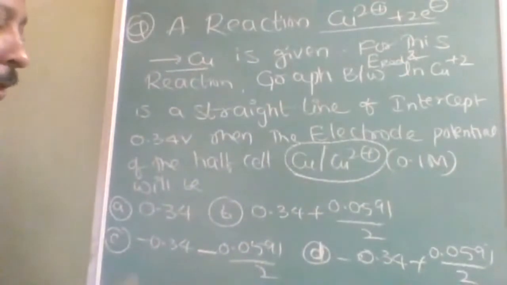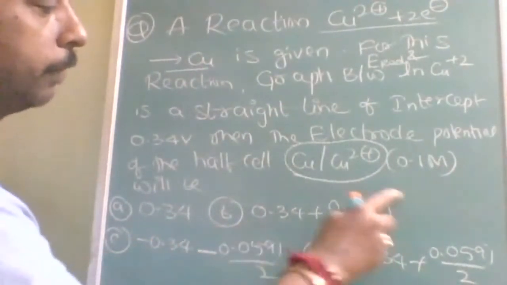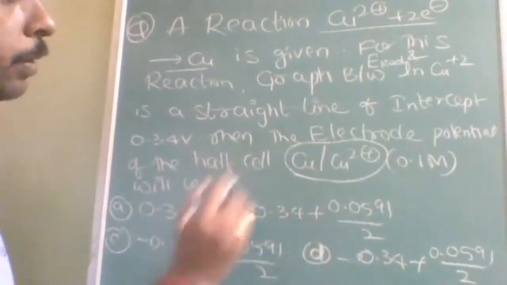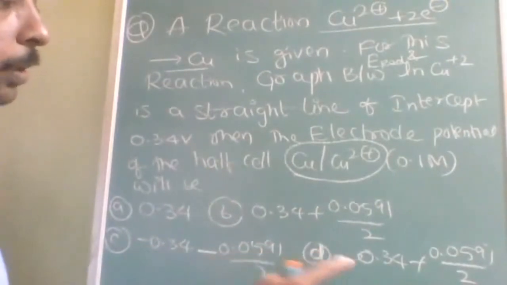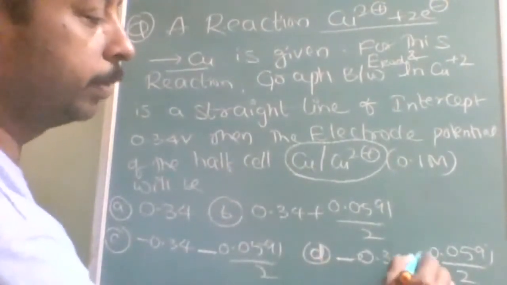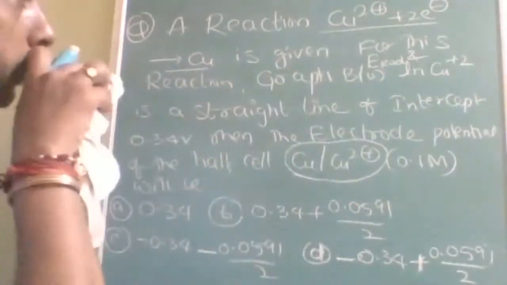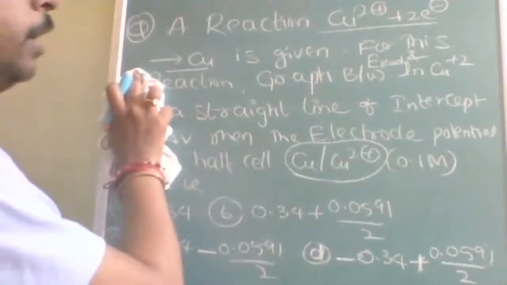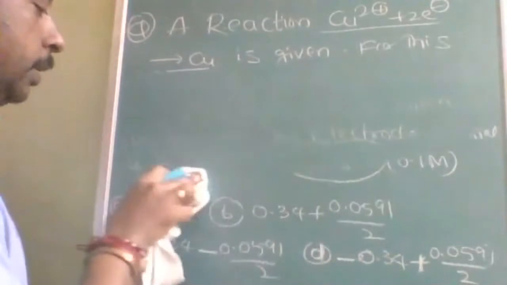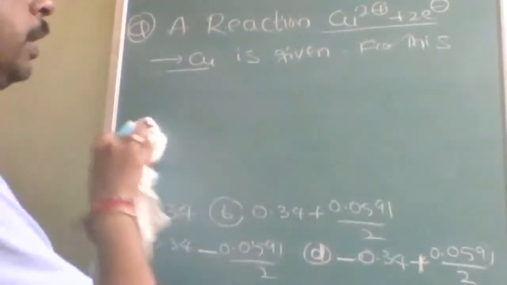So that minus and that plus will interchange; when you solve simply, this will be the correct answer. But here the question is about the oxidation potential. This will be minus, this will be plus. So I am drawing the next equation for this, then you will come to know. Answer to this question is option D, but I am explaining it clearly.